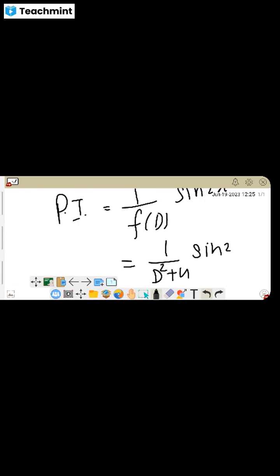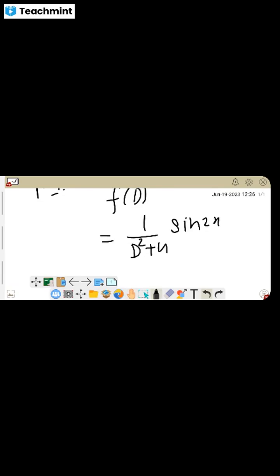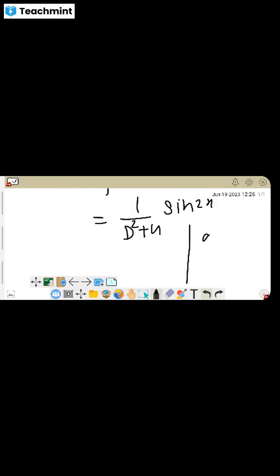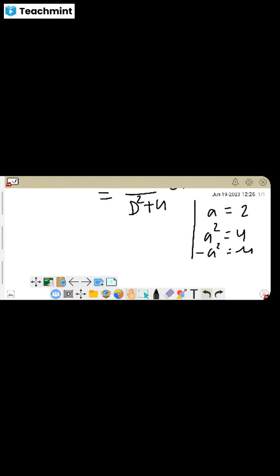Here we have a is equal to 2, then a square is equal to 4, and minus a square is equal to minus 4. We need to put D square is equal to minus a square, which is minus 4.